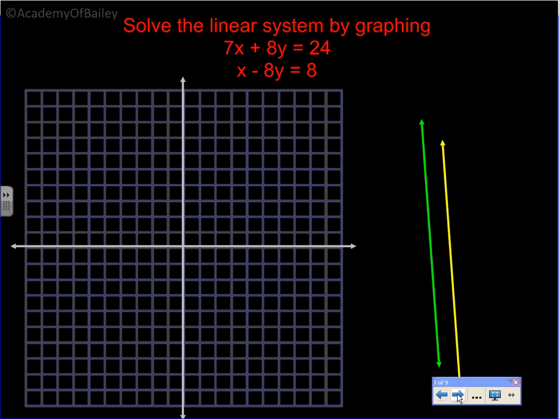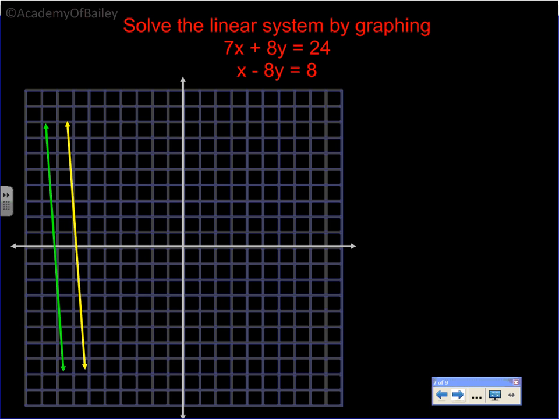So let's look here. We have these two. I'm thinking, I know that in order to get y by itself, I'm going to have to divide both sides by 8, and that's in top and bottom. So if I divide both of those by 8, the y-intercept is going to be a whole number. So that's what we're going to be looking for.